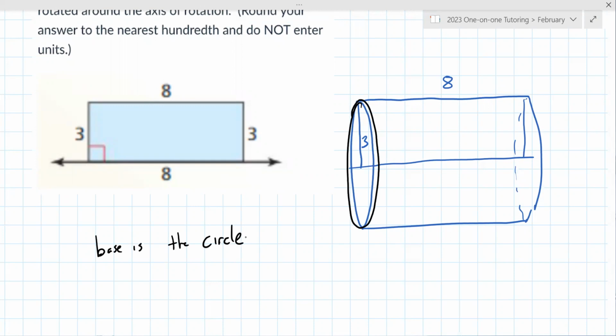Okay, so it would just be 3 pi squared. Wait, no, it would be 9 pi, right? Yes, yep, 9 pi. And then they just want you to multiply to the nearest hundredth. Okay, so then I do 9 pi, and that would give me 28.27.